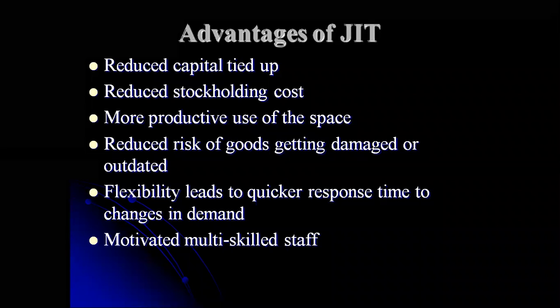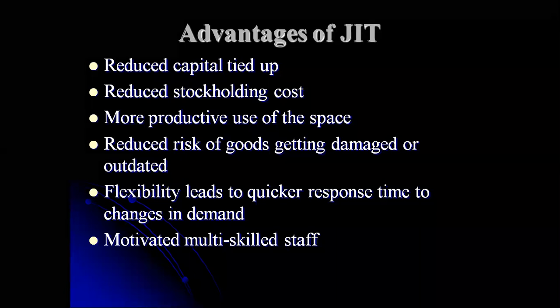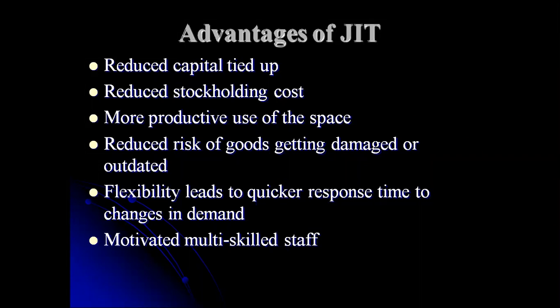Okay, all right. So I told you earlier, flexibility can be in two ways. One, you have a multi-skilled workforce, and secondly, you have machines which can perform different jobs.